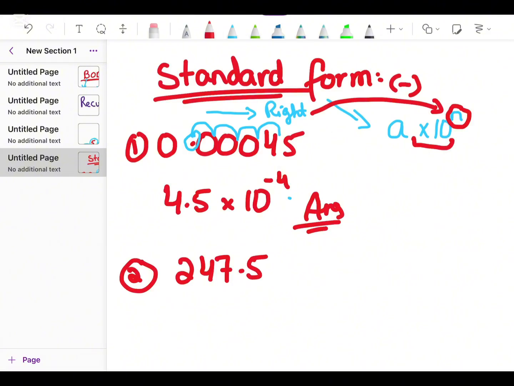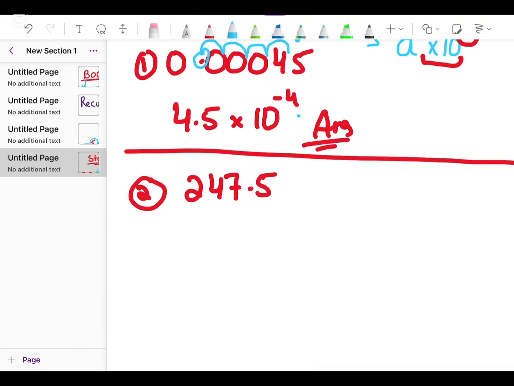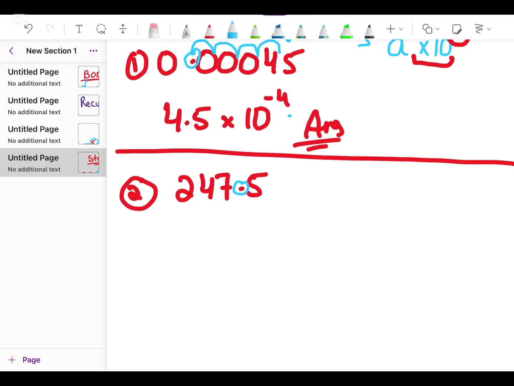247.5. For example, I need to convert this number into standard form. How to convert this number? As I told you, the decimal point should be after one digit. Right now the decimal point is after 3 digits, so I have to move it to before 2 digits.